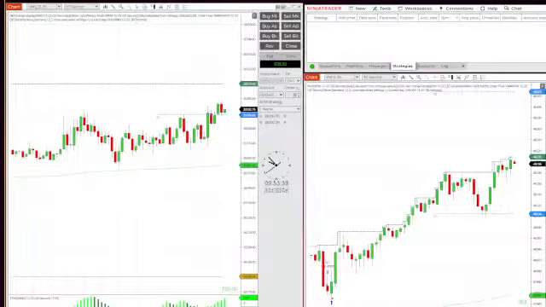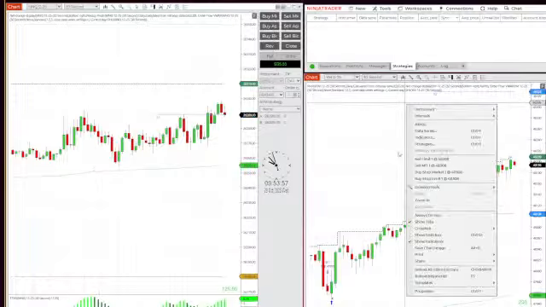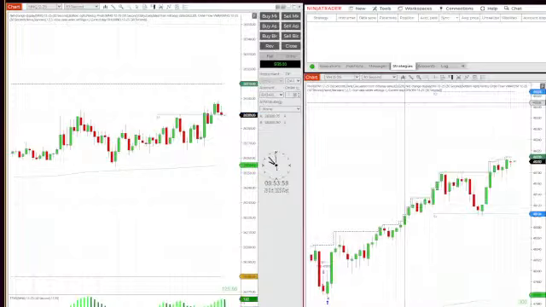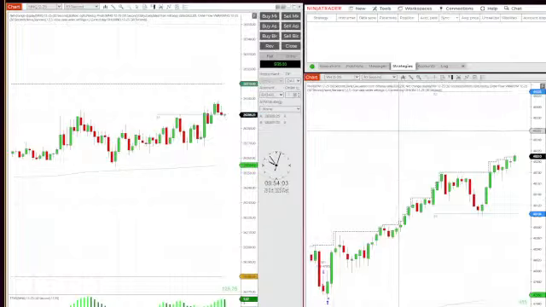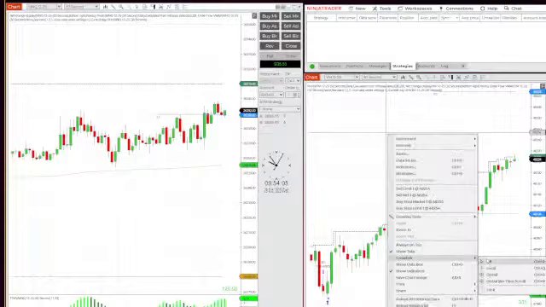Anyway, does everybody understand what I'm talking about? That setup that I'm talking about? It's just not really clear today. It's clearer over here on the MNQ. I'm sorry, I want to get rid of my crosshair.